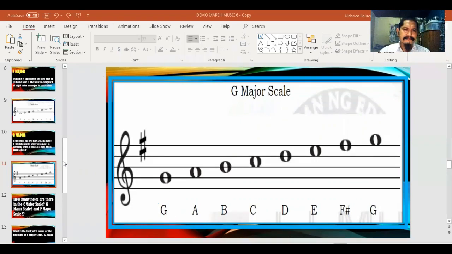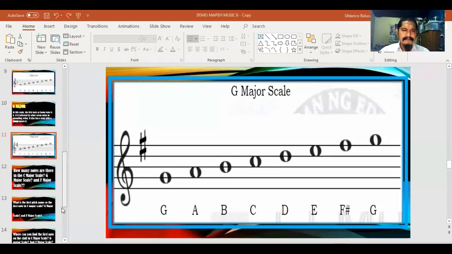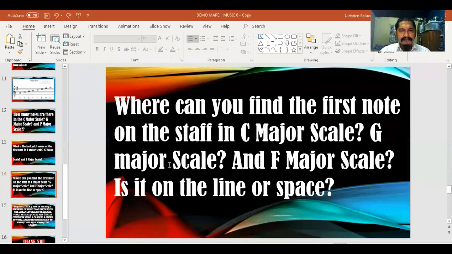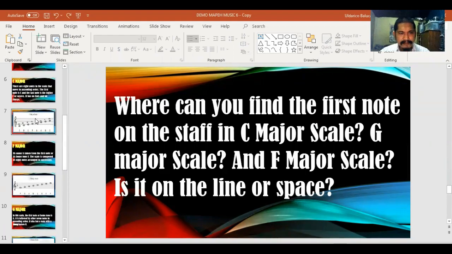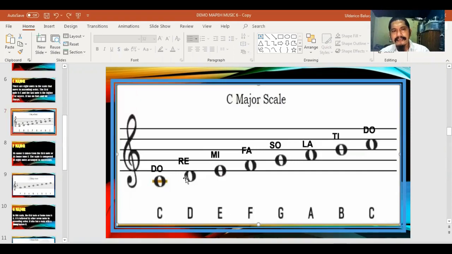Okay. Where can you find the first note on the staff in C major scale, G major scale, and F major scale? Is it on the line or space? Okay, saan ba natin nakikita? Tingnan natin ulit.